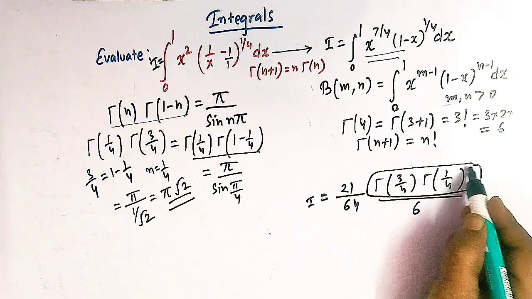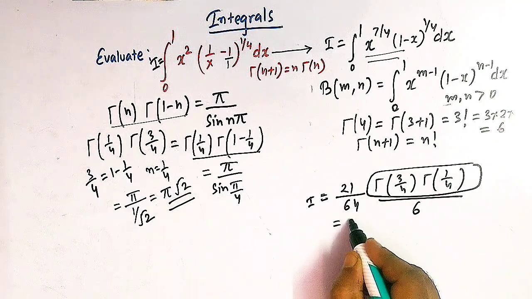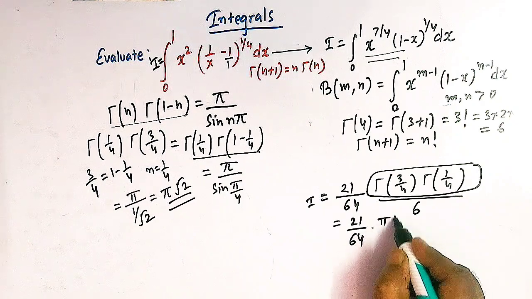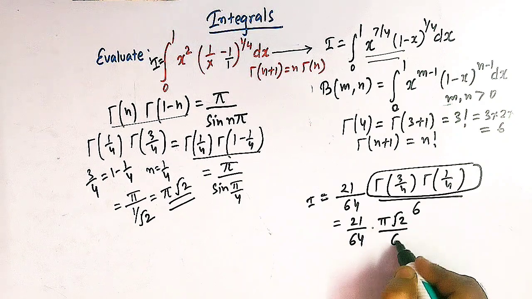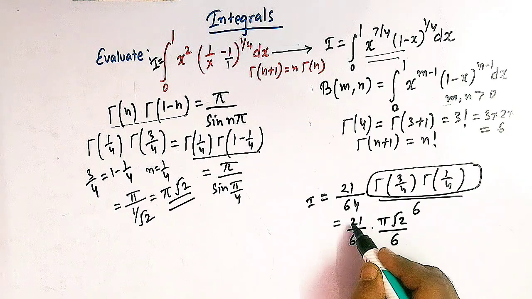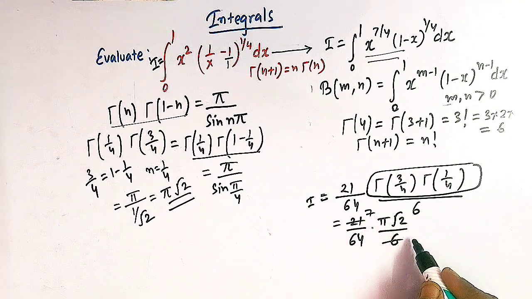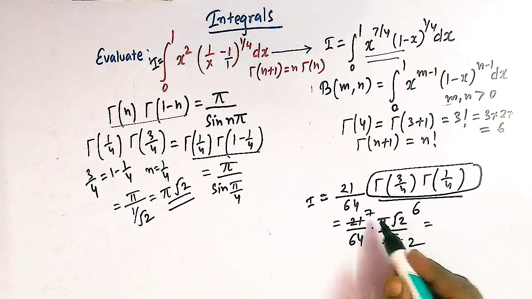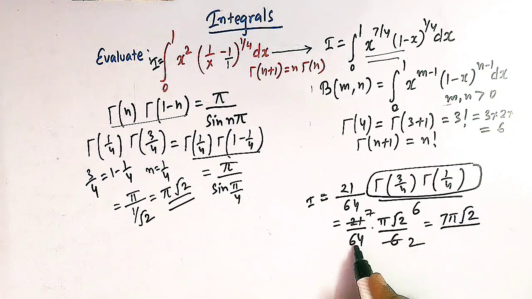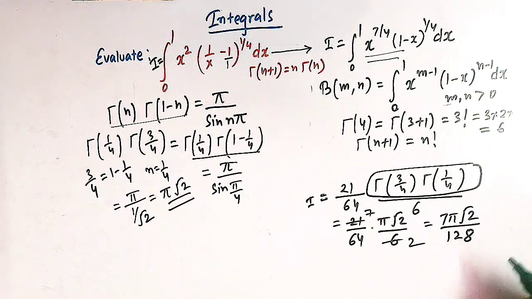So now we can replace this expression by pi times square root of 2. So we have 21 over 64, and here we have pi root 2 over 6, right? So now we can cancel 21 and 6. The common factor is 3. So here we have 7 and here we have 2, right? So this is 7 pi root 2, and here 64 times 2 is 128, right?